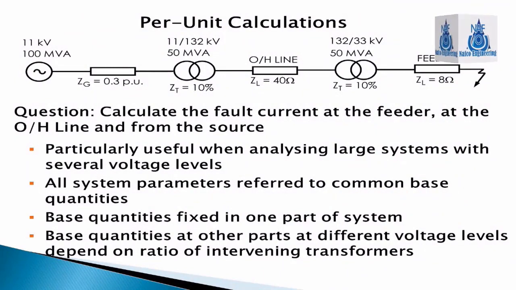All right, it's a 100 MVA, 11 kV generator with its own impedance 0.3 per unit, then connected to the transformer, overhead line, transformer, and the feeder, and we have a fault there. The question is to calculate the fault current at the feeder and at the overhead line and also from the source.